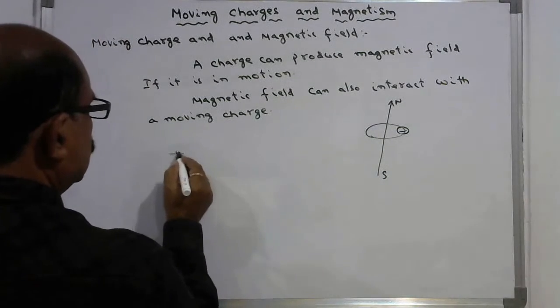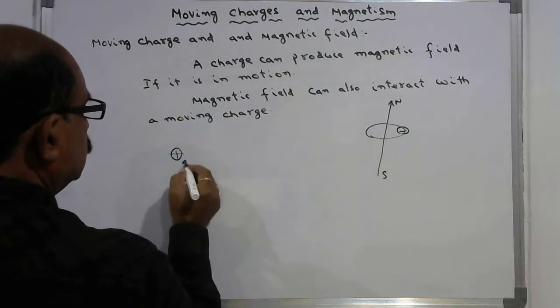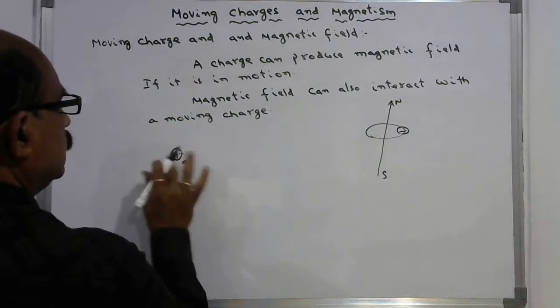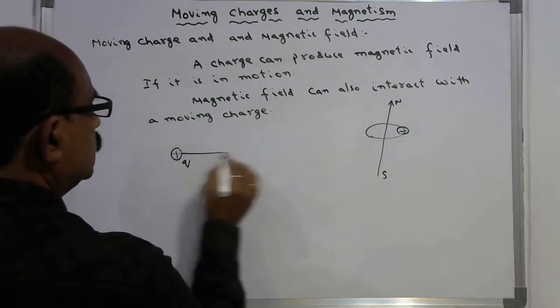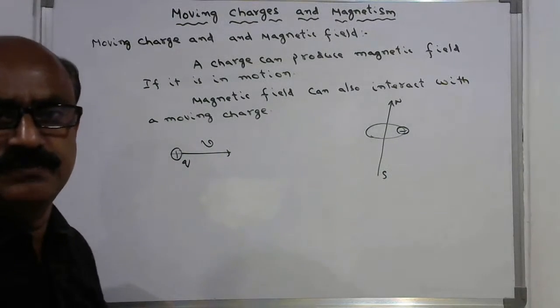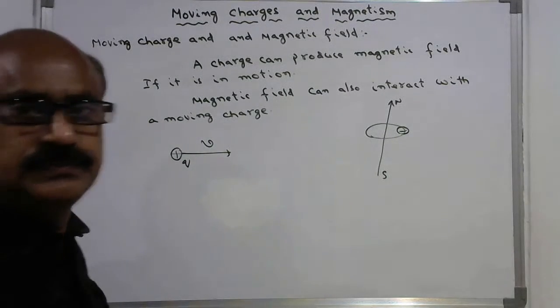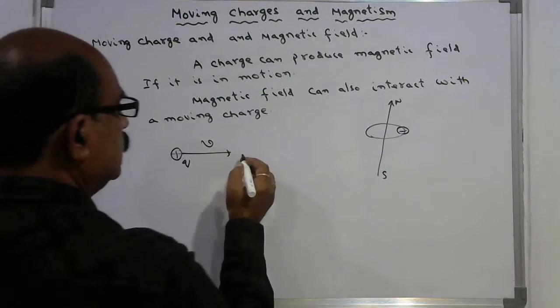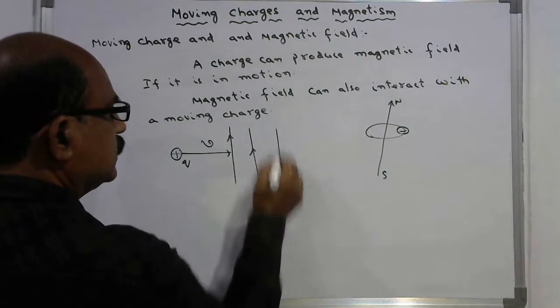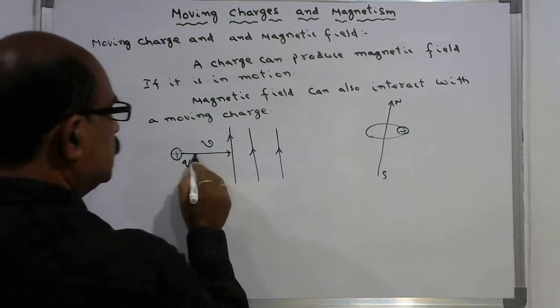Suppose a charge is moving, say an electron, or you can consider a proton. If a positive charge is moving with a certain velocity v, moving means it is not at rest. When it is moving in the magnetic field, say this is already the field due to the magnet, then what happens?